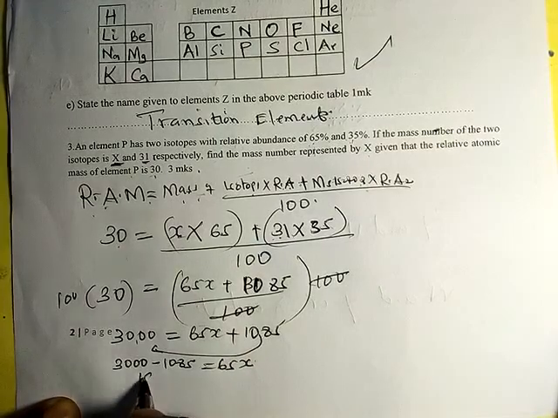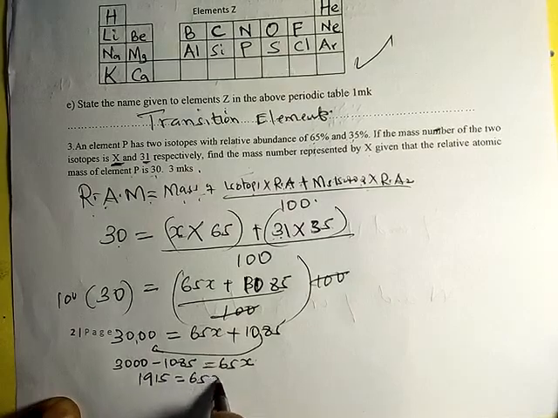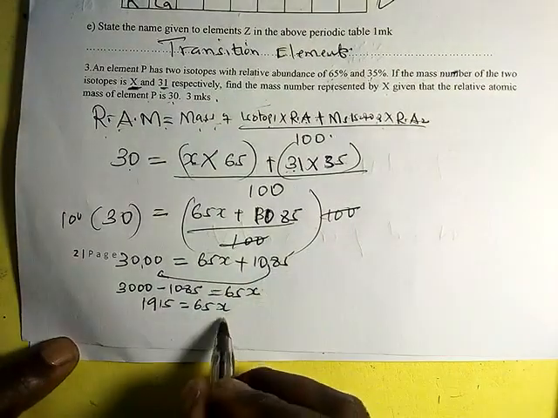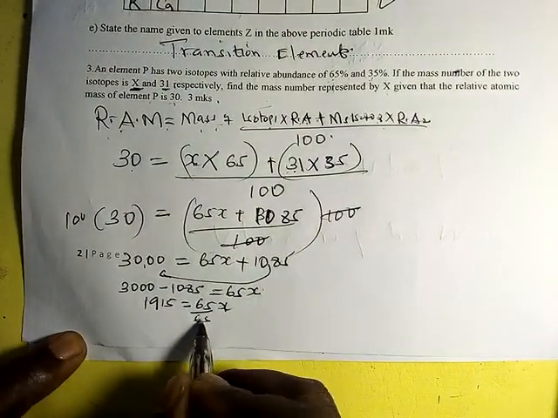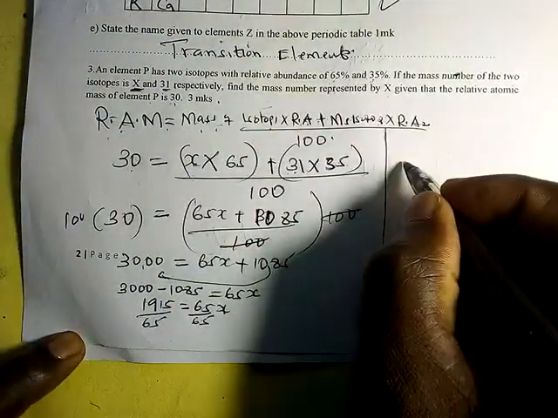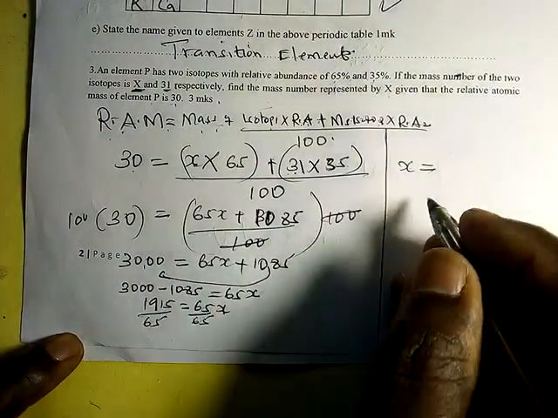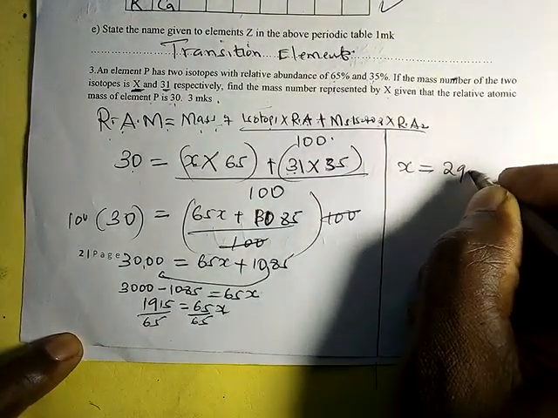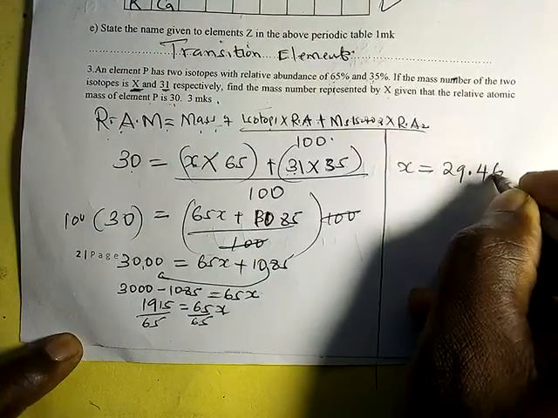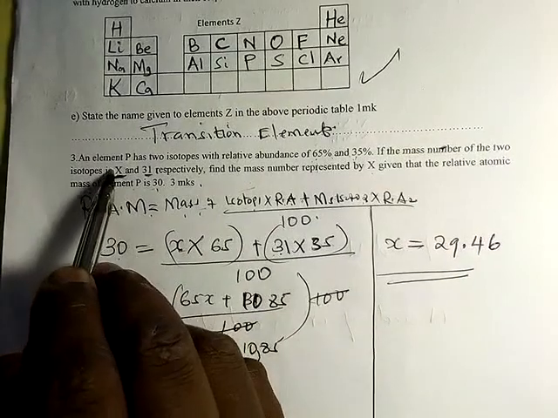So this will give us 1915 equal to 65x. We want the value of x, so we divide by 65 both sides. So x equals 29.46, and that is the mass of isotope X.